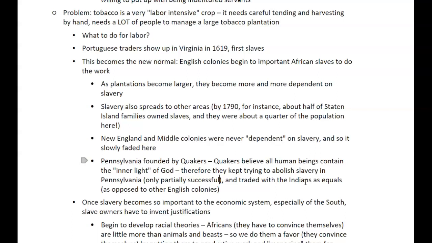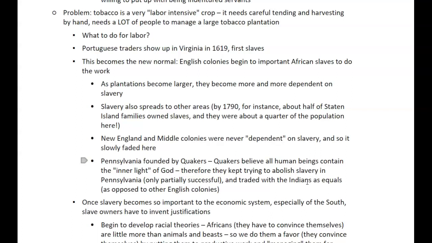Therefore, they kept trying to abolish slavery in Pennsylvania. They were only ever partially successful. The Quakers, I should also point out, traded with the Indians as equals, as opposed to other British colonies. In Pennsylvania, when they wanted more land, they bought it from the Indians, and they were required to pay a fair market price.